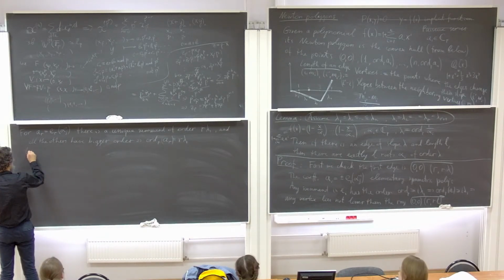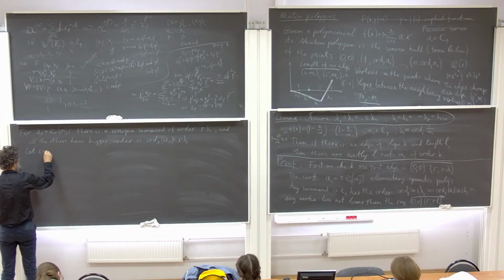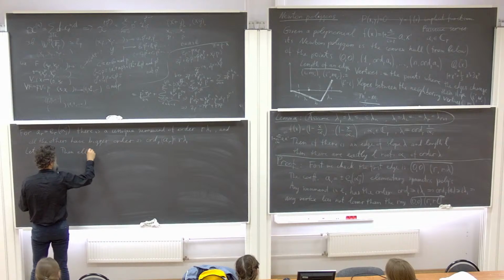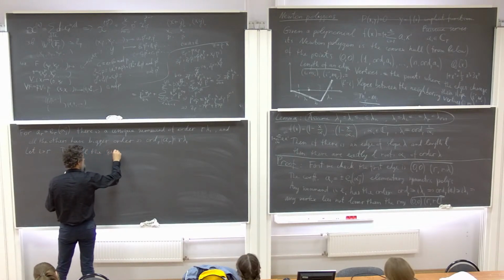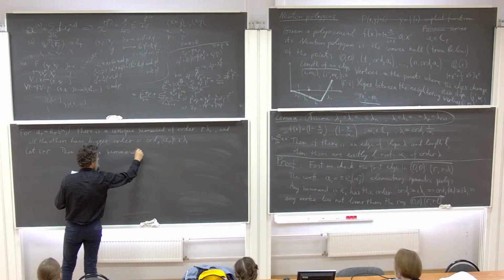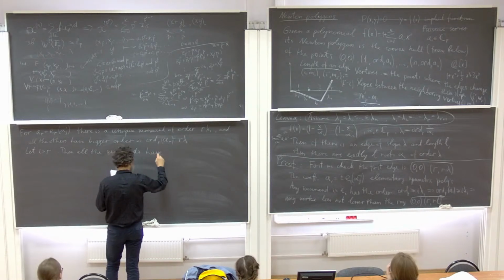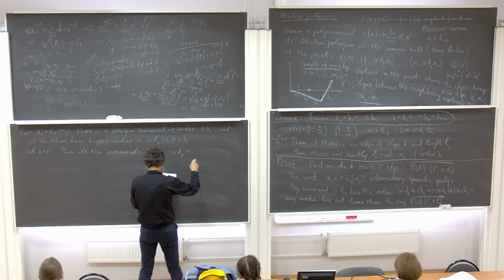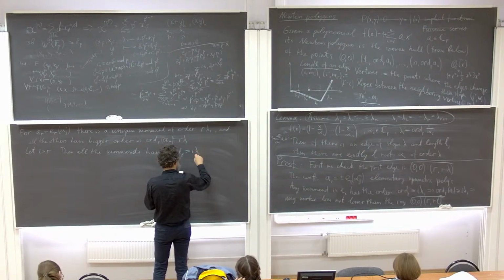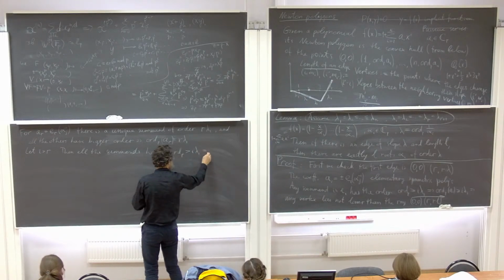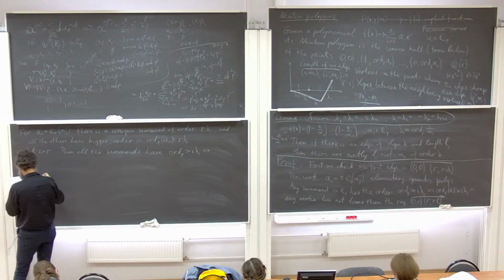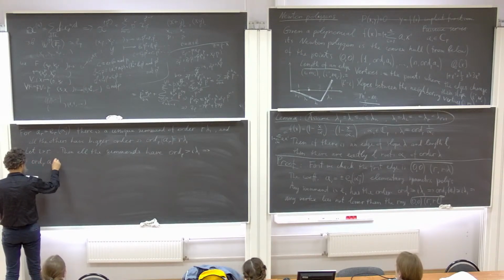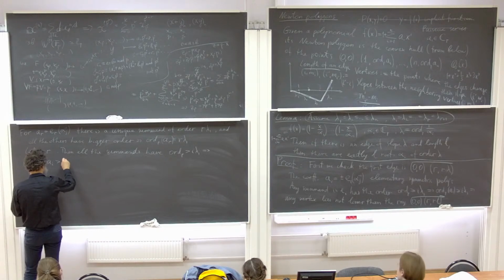Now let i be bigger than r. Then all the summands have order strictly bigger than i lambda 1, and hence the order of A_i will be strictly bigger than i lambda 1.